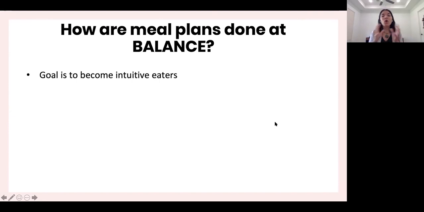So the goal at Balance is for our clients to become intuitive eaters. And what do I mean by intuitive eaters? When we're an intuitive eater, we're in tune with our hunger and fullness cues and our internal cues.